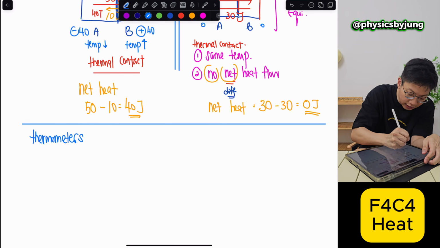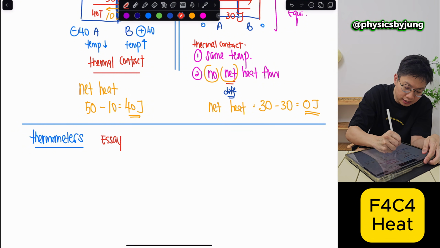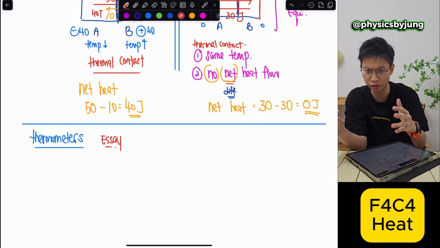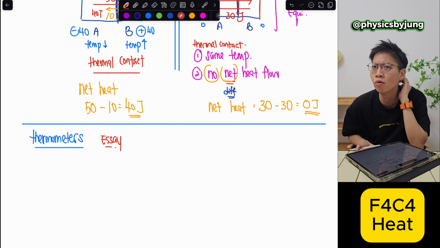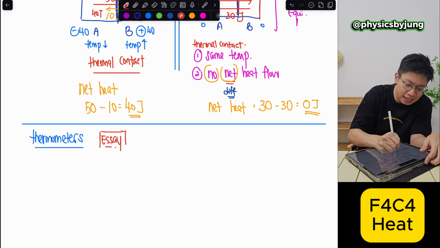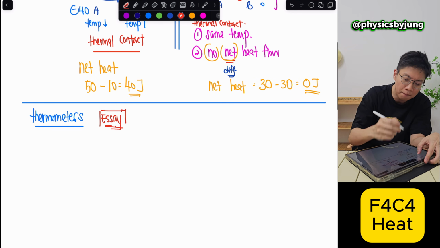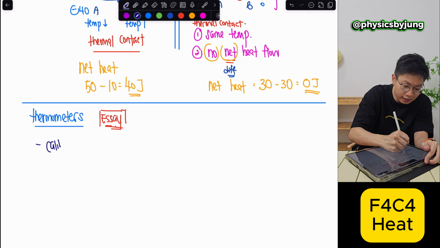Now nowadays in thermometers, the topic is a bit old school. It was probably important 5 to 8 years ago. Now in thermometers, it's not so trendy, but they like to ask two things. Number one, calibration of thermometer.